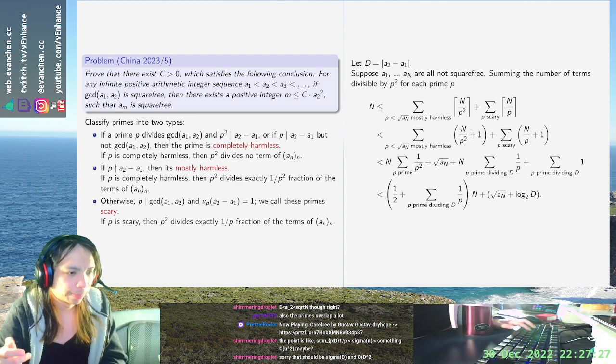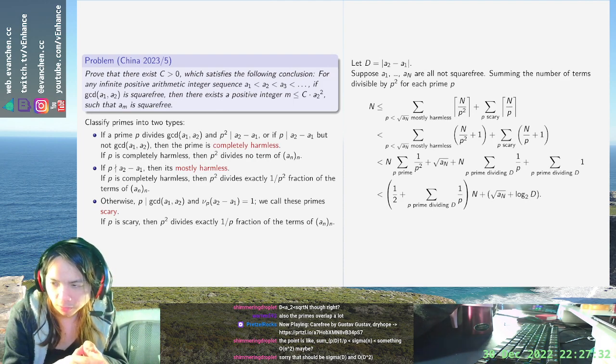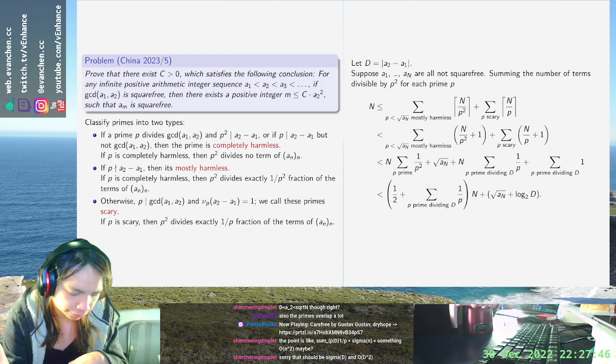No. So capital D is the product of a bunch of primes. Say D equals 30, and in the worst case everything's divisible by 2, 3, and 5, then every 30 terms, how many of them are bad? And the answer is not that many, right?